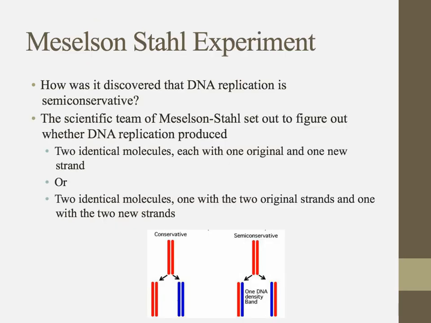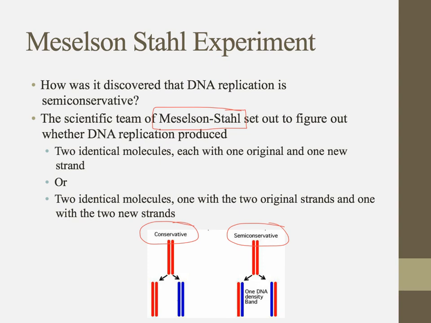Now, how do we know that? Because DNA is too small for us to really take a look at this process. So in comes the scientific team of Meselson and Stahl, and this is one of those scientific discoveries that you need to know by name. They were trying to figure out if DNA replication was conservative or semi-conservative.